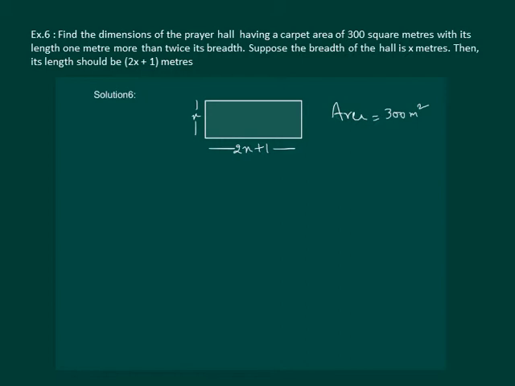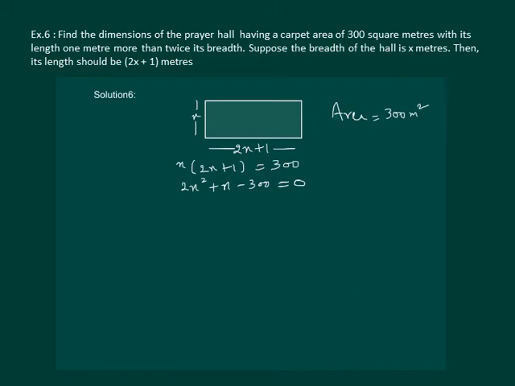We know that area is given by length into breadth for rectangle. So we have x into 2x plus 1 is equal to 300. Solving further, we get 2x square plus x minus 300 equal to 0.